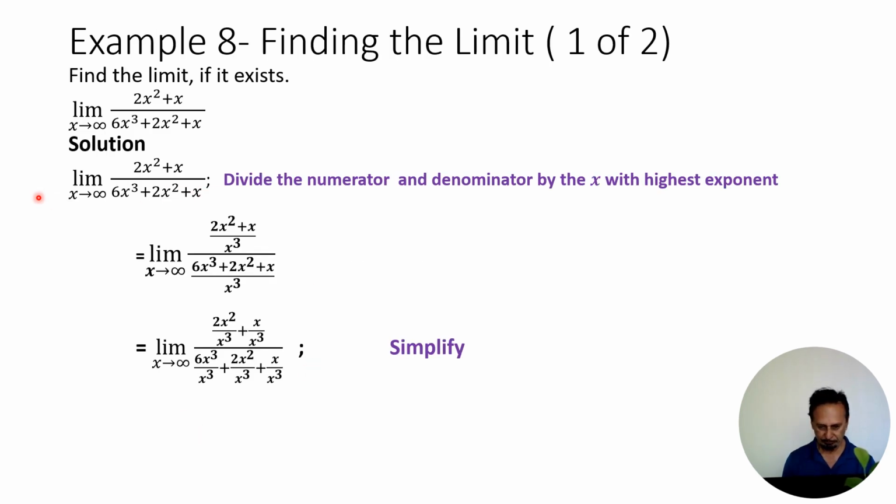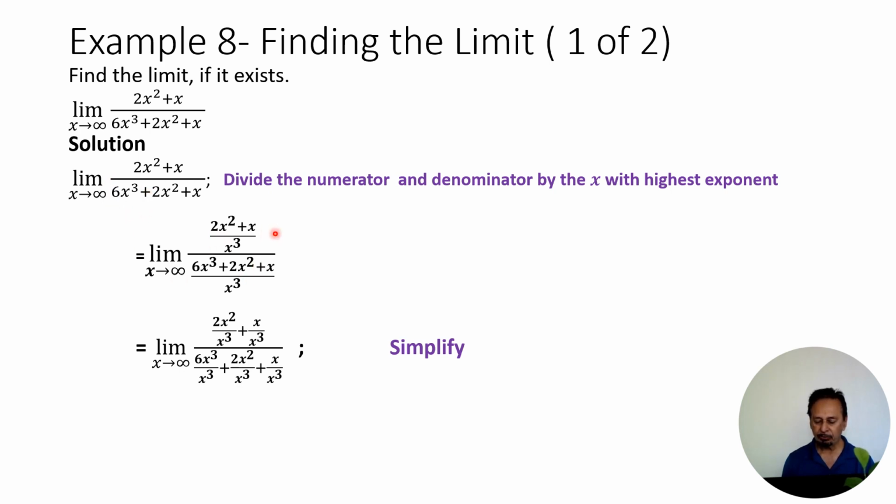Example 8. The limit as x goes to infinity of 2x squared plus x over 6x cubed plus 2x squared plus x. Okay, so we do the same thing. If I substitute x equal to infinity on top and bottom, you will get infinity over infinity. So you divide the numerator and denominator by the highest power of x in the denominator, and that's x cubed.